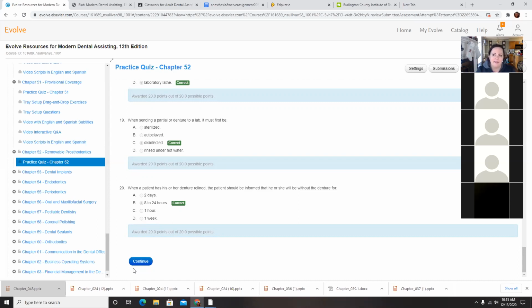How many people fit in that custom tray? Just one person. We're literally pouring up the model of our initial impression. We're taking our custom tray material and fitting it directly to that model of the patient's mouth. Once we have fabricated our custom tray, we go to step 2, which is what kind of impression?